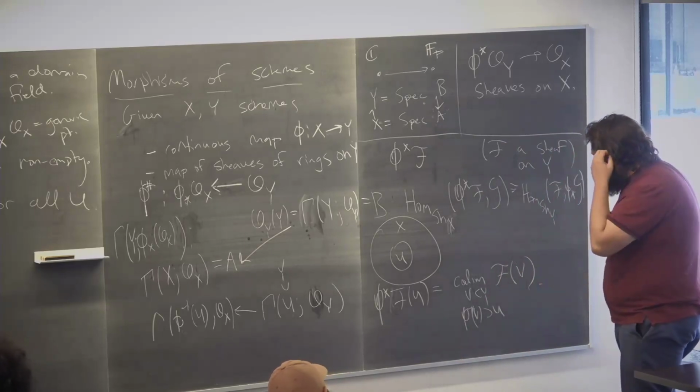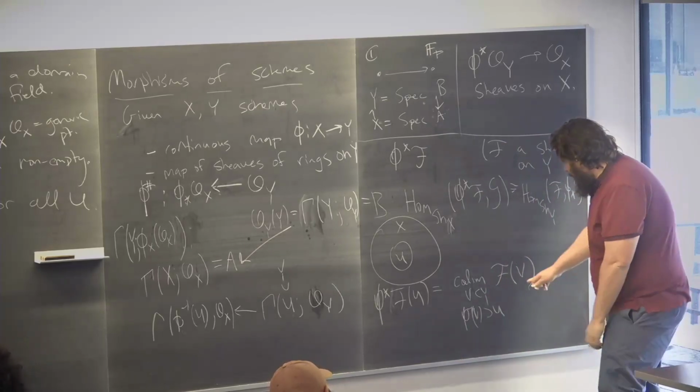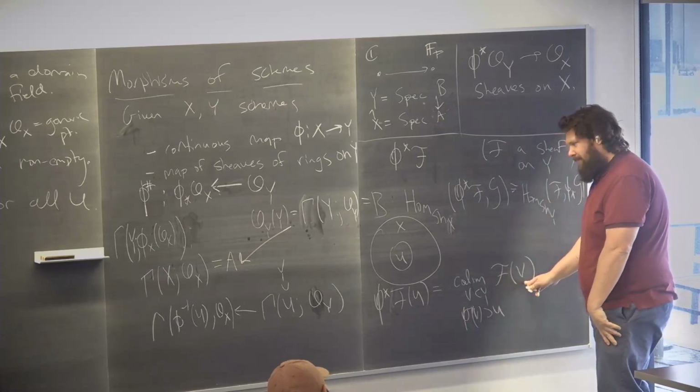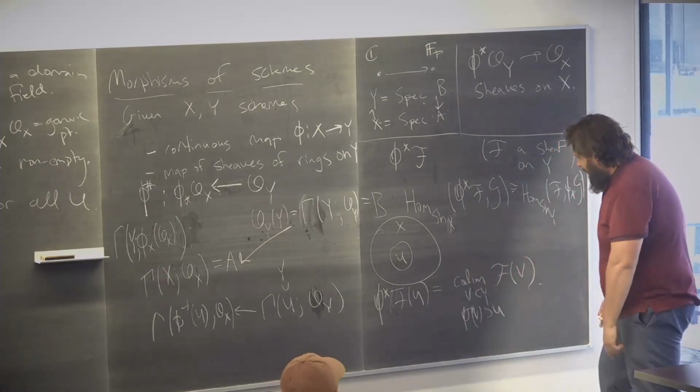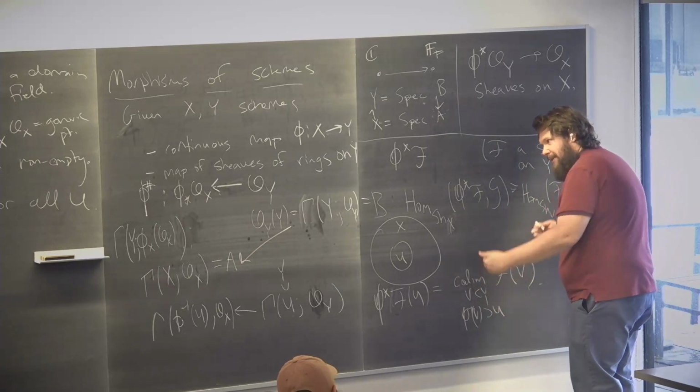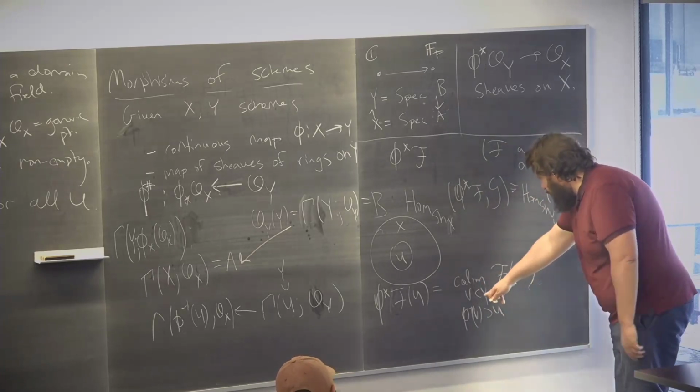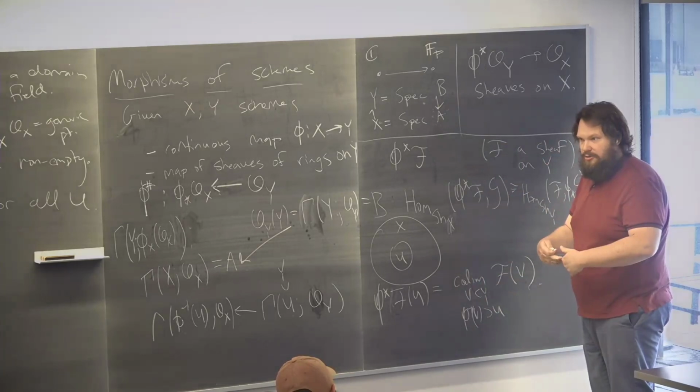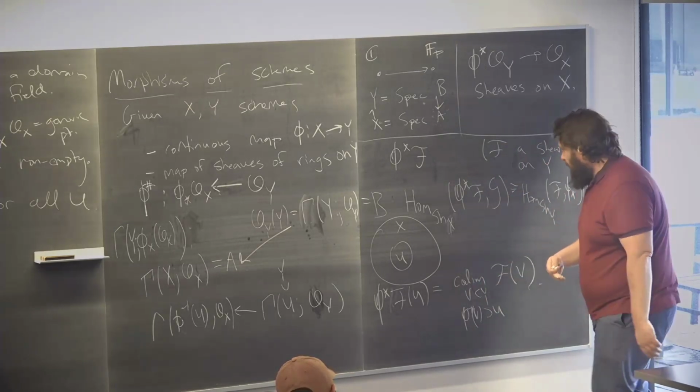So this is basically, I look at all the open sets. When I say co-limit here, I mean, again, this is a filtered co-limit. Whenever I have two such V's, their intersection is also such a V, right?